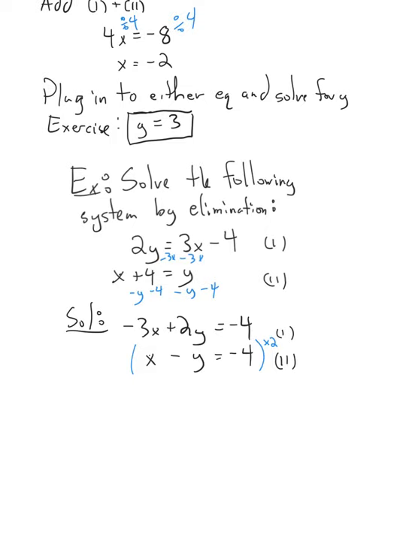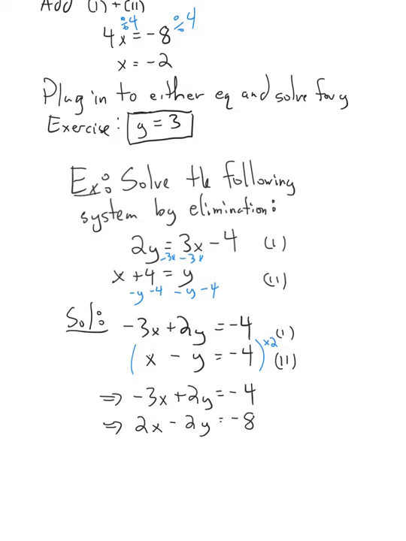So now, let me write equation 1 again, negative 3x plus 2y equals minus 4. And now equation 2, after we multiplied everything by 2, becomes 2x, 2 times x is 2x, minus 2y, 2 times y is 2y, and negative 4 times 2 is negative 8.